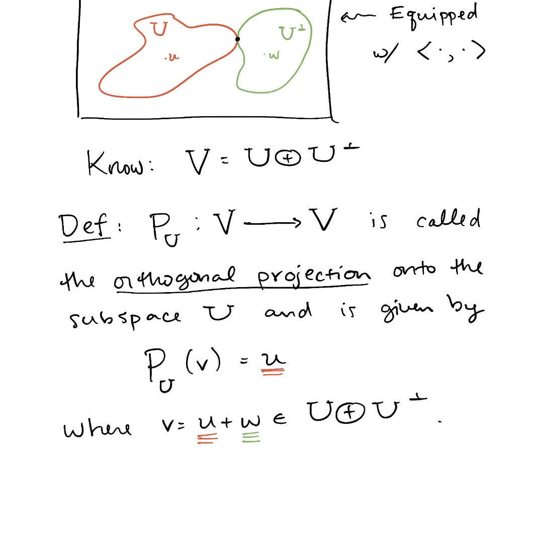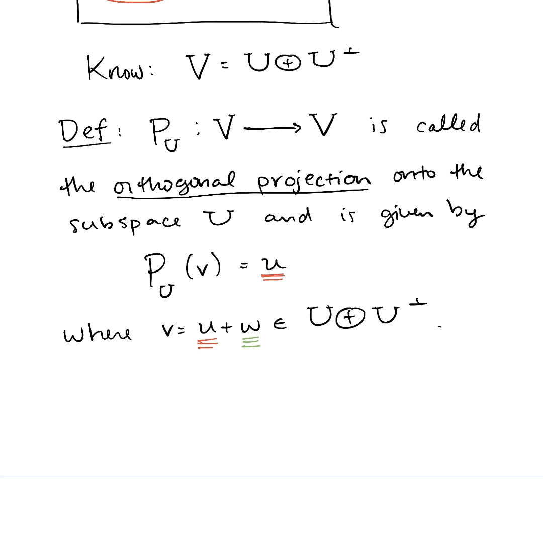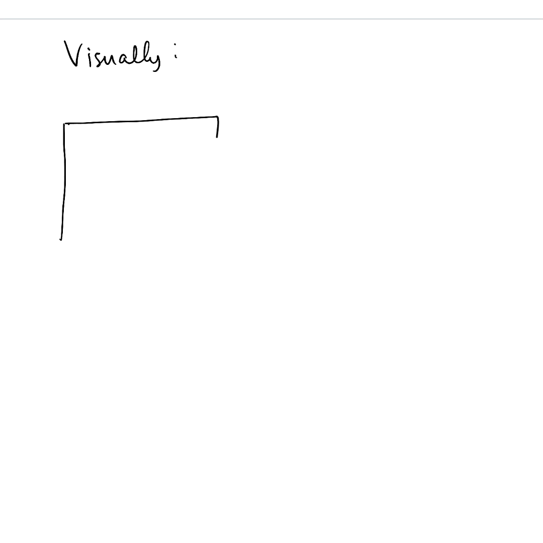If you want to see a mapping diagram rather than a single picture, maybe we could draw something like this. So visually, what we have is something like this. Here's V. Here's U sitting inside it. Here's U perp sitting inside it.